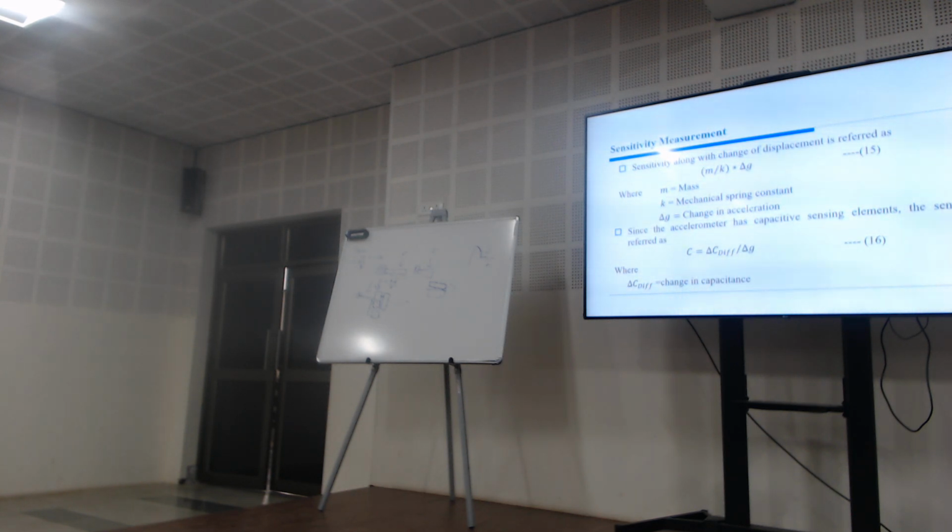The next one is the sensitivity. Initially I explained, no? 90% of movable sensors work with capacitance, change of capacitance only. Piezo movable is very less because of sensitivity. With capacitive, we can get very good sensitivity.